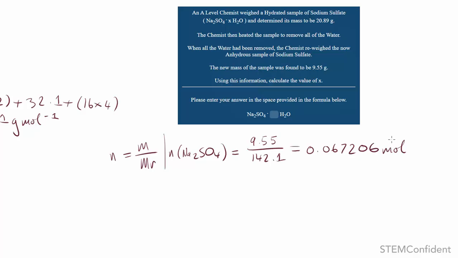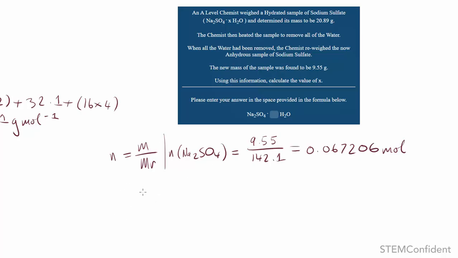And similarly for the H2O, we need to work out the number of moles of H2O. We haven't been explicitly given what the mass of the H2O is, but we can work that out because what we have been given is the hydrated sample's mass and the anhydrous sample's mass. So if we do the hydrated sample mass minus the anhydrous sample mass, we would work out the mass of H2O that was present in the hydrated sample.